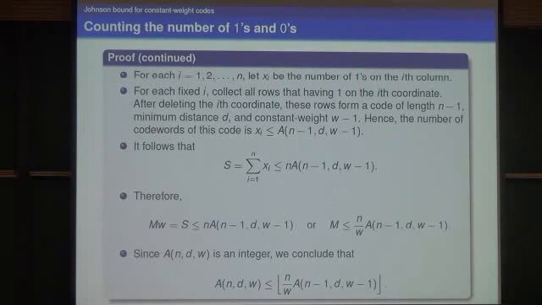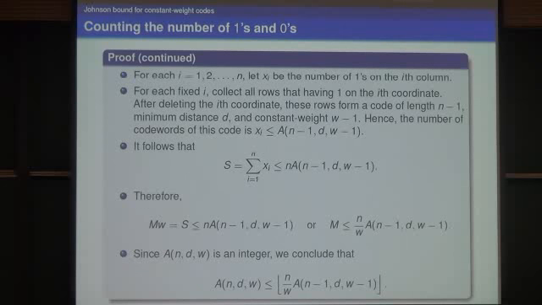For each i, we collect all of the rows that have 1 on the i-th coordinate, and we delete the i-th coordinate. And we will get a constant weight code of length n minus 1.